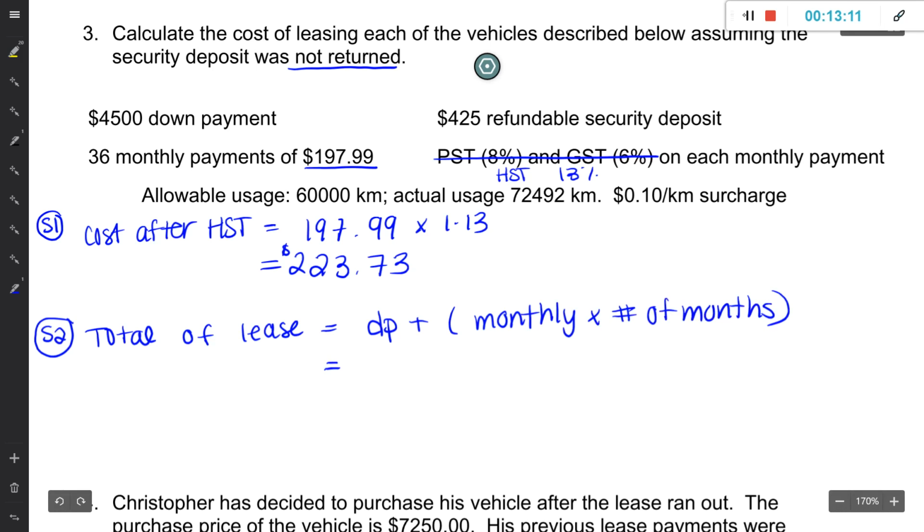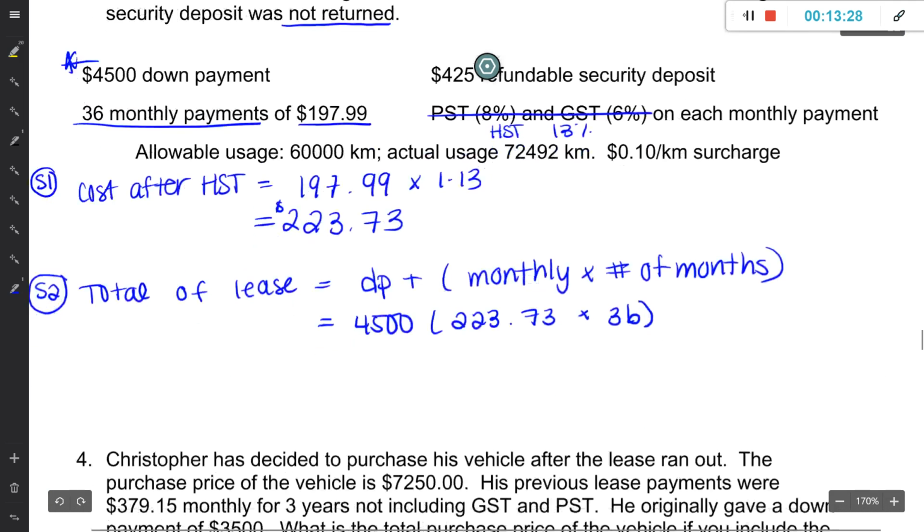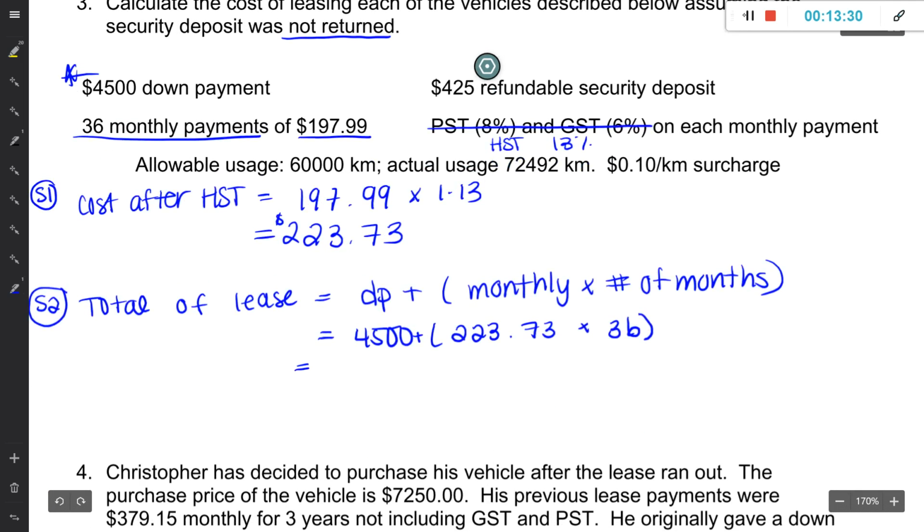So that's going to be your down payment, which was $4,500, which is just up here, right? Your monthly payments we found out were 223.73 multiplied by, he says that it's for 36 months. So I'm just going to do what's in the brackets first. 223.73 times 36.